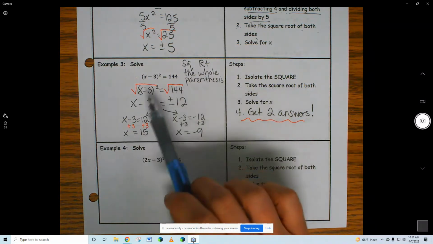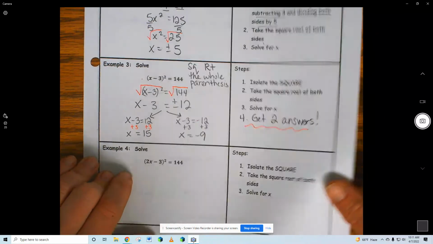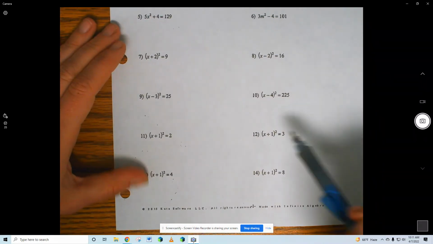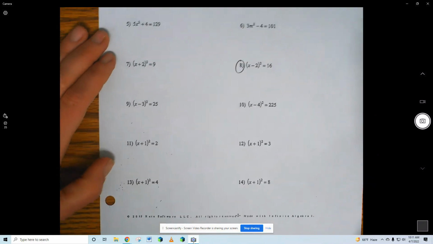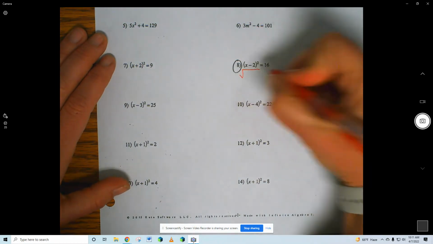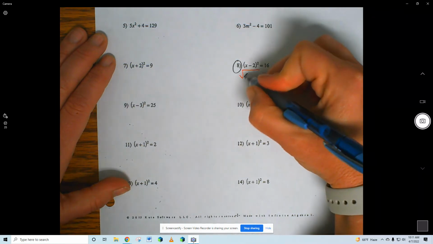Let's do another one like this from our homework before I make you do number 4. So I'm going to jump to the very next page. These all are like the same. Let's just do number 8. So you need to square root both sides. And yes, your homework is going to be every problem on this page.